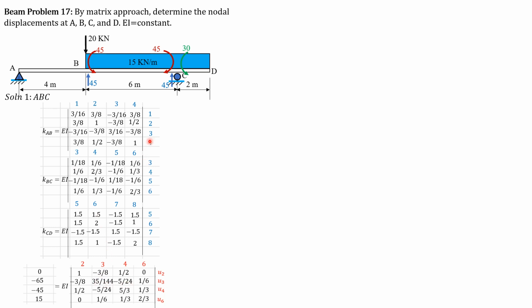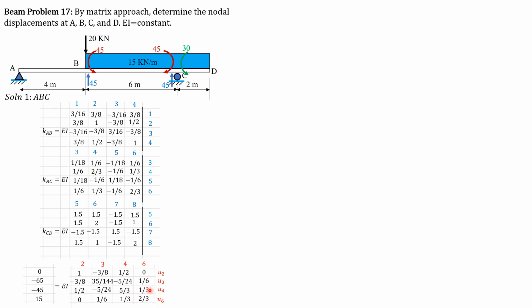3, 4, we have negative 3 eighths plus 1 over 6, so negative 5 over 24. 3, 6 is 1 over 6. Then copy negative 5 over 24, 1 over 6. 4, 4, we have 1 here and 2 thirds. 1 plus 2 thirds is 5 thirds.